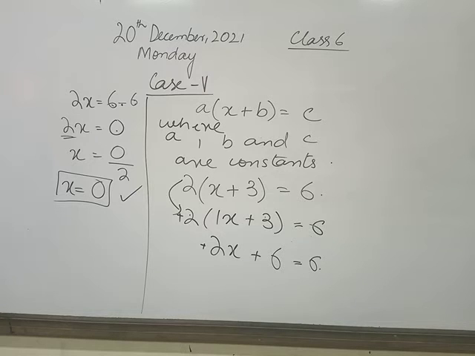In the next step we will shift all the numbers which are present in the left hand side, because we only want the value of x. हमें तो unknown number चाहिए, वो यहाँ पर क्या है, x है. So for x we will shift all the terms which are present at left hand side. So 2x equals to 6 minus 6, which is 0.